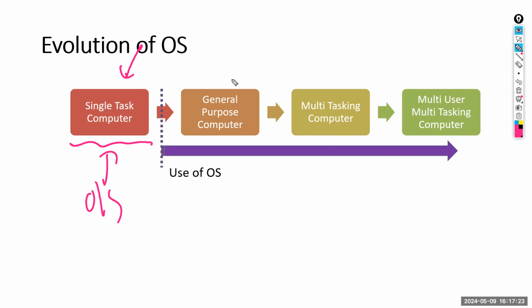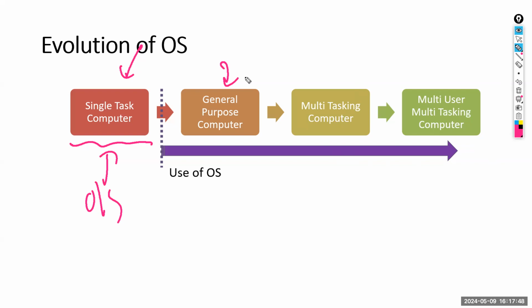So then came the general purpose computers, not single task computers. So that is computer capable of doing multiple things. So that is where the computer became more complicated because it is not doing one thing like a washing machine or iron. It is capable of doing multiple things.